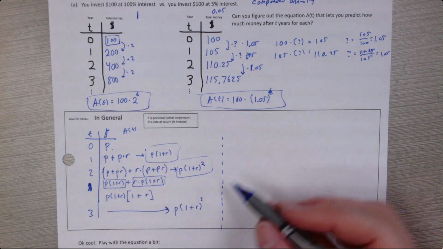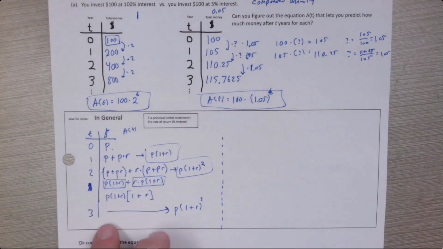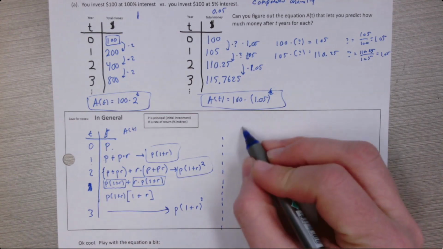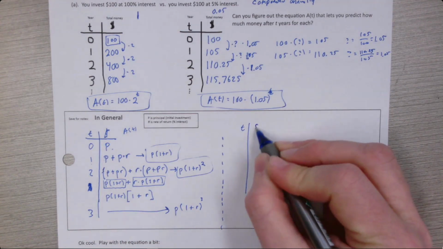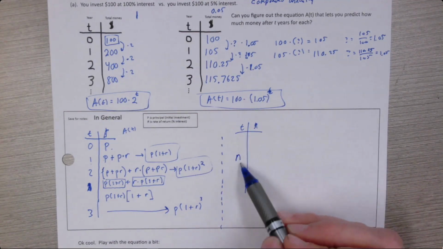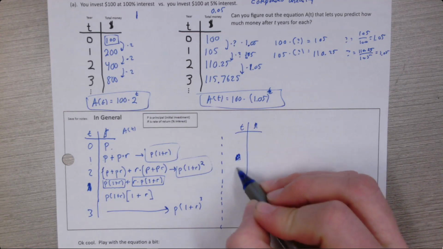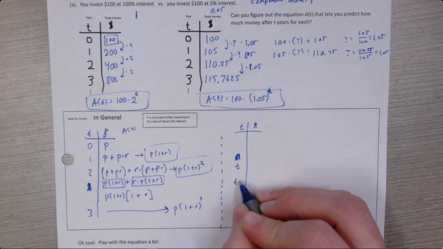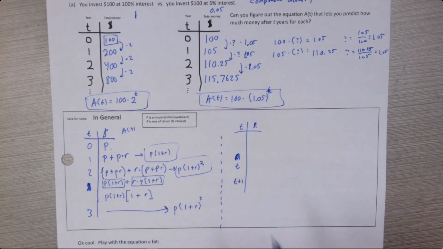So now let's sort of jump down the table. So here's t, here's money. Let's say we are down the table to some year, let's not call it n, let's call it t. And then let's think what happens in the next year. So we're going to assume, for the sake of argument, that this pattern continues.